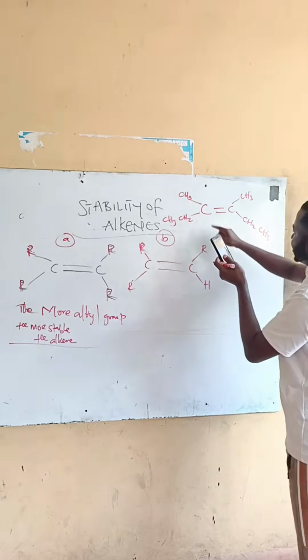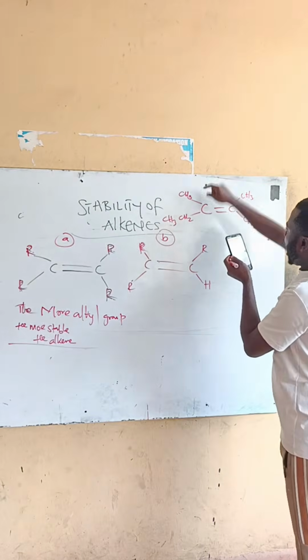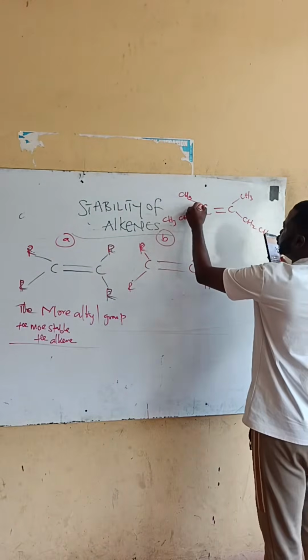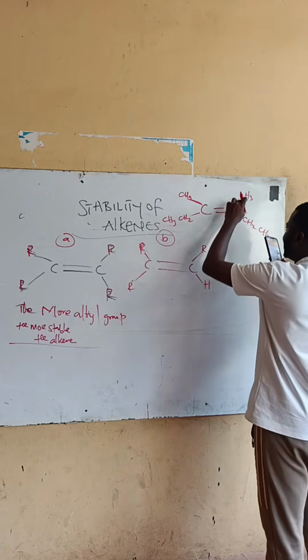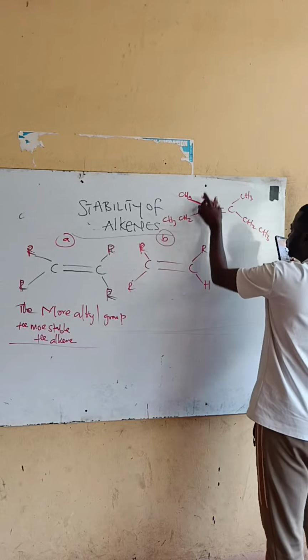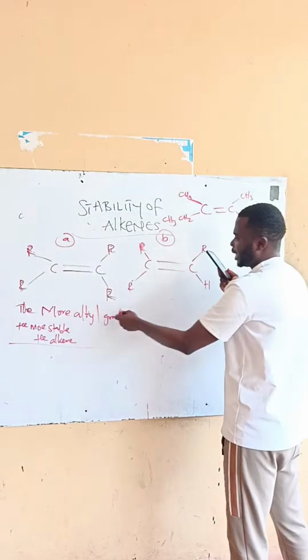Now look at it. This is the carbon here. This is the carbon here. So how many alkyl groups, how many substitutions do we have there? We have 1, 2, then 3, then 4. If it is not substituted, it is not stable.